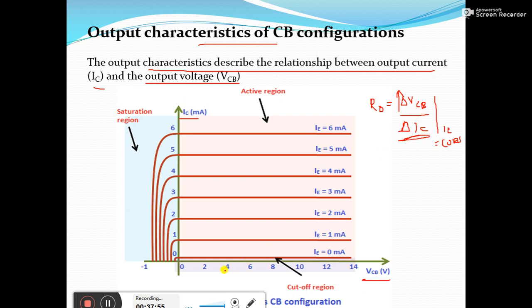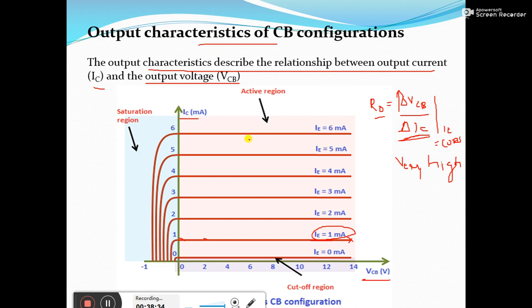Let's consider a case for IE equal to 1 milliampere. At 0 volt of VCB, you are getting a current of 1 milliamp. For 2 volt also you get 1 milliamp. Even for 14 volts you get only 1 milliamp. You can say IC is almost independent of VCB. That's why R0 is very high.